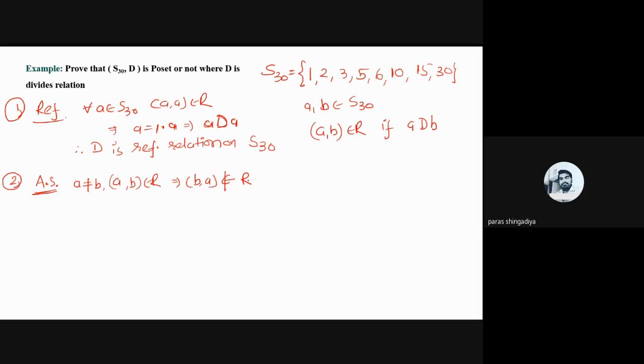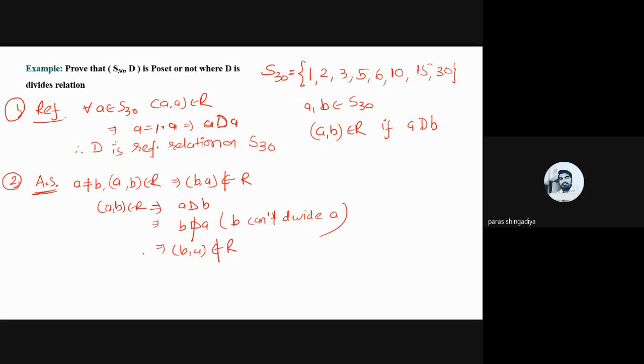We cannot say B, A also belongs to R. Means we have A, B belongs to R. This implies A divides B. So in any case, if A divides B, then we cannot say B also divides A. Okay, means B can't divide A. Clear? And you can also write in this way: B can't divide A. Okay? And therefore we can say that B comma A does not belong to R.